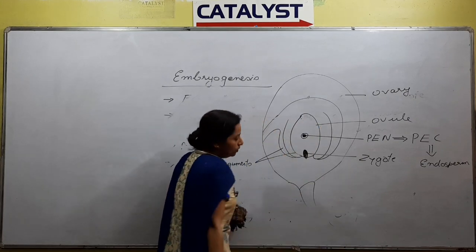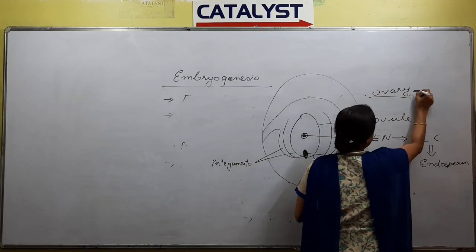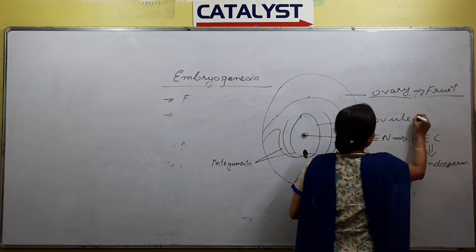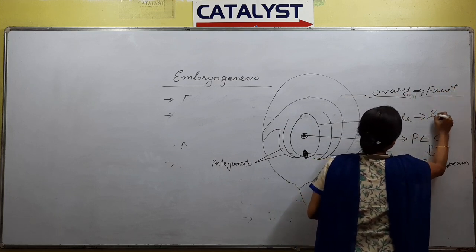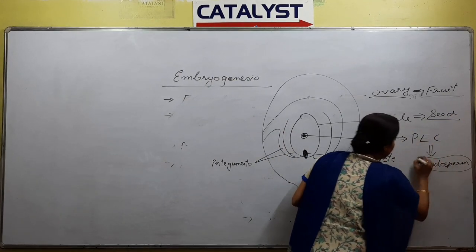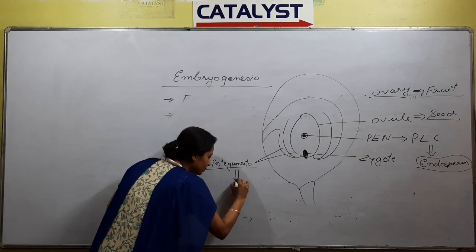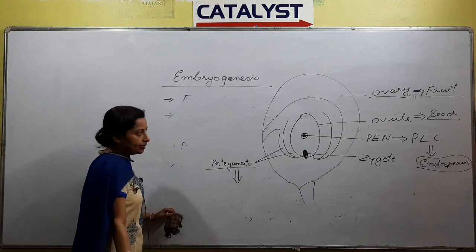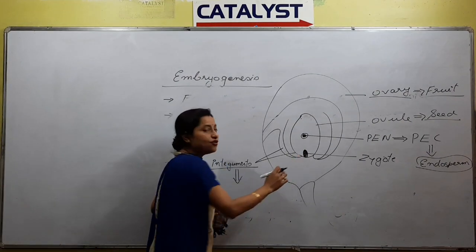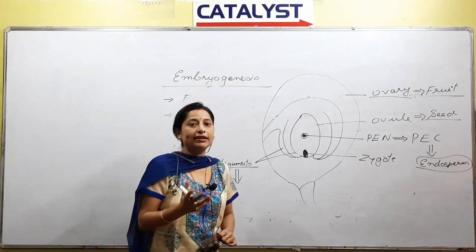Now, what we know is after fertilization, the ovary gets converted to fruit, ovule gets converted to seed, PEN gets converted to endosperm, and integuments get converted to what? What are integuments? The covering of the ovule is called integuments.